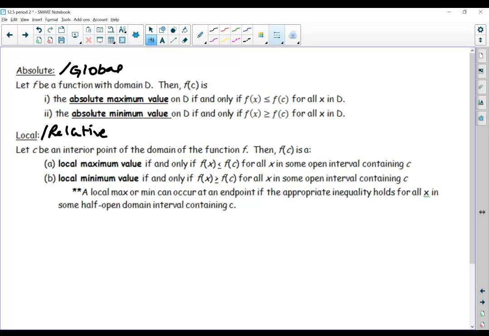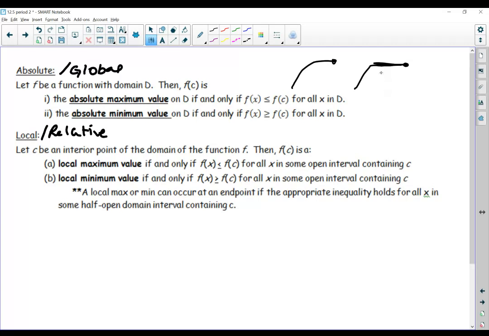Where this gets a little tricky is, if I have a domain D and a graph that looks like this, this is the absolute maximum because it's the highest that graph goes. Now, if I had a function that looks like this, we would say that is the absolute maximum value, because all the other values of that function are less than or equal to the value at that point.